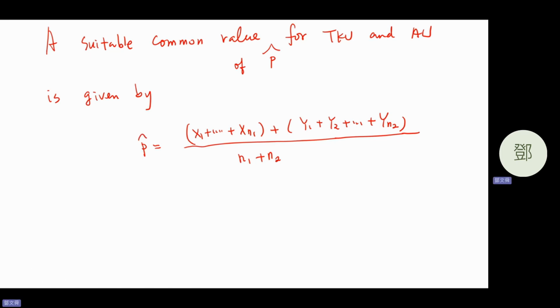Given by P hat. That is, we pool them together, we put them in a sentence to obtain the common value of P.